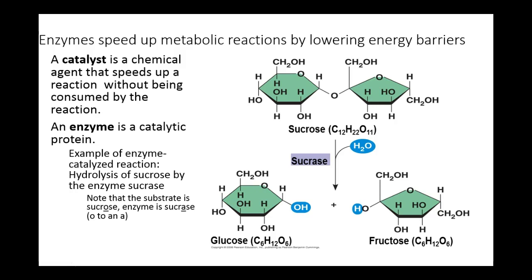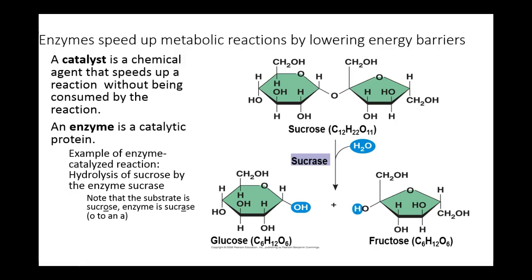Enzymes are proteins, and here you have an example of an enzyme, sucrase, at work. So you have sucrose, C12H22O11, and what we're going to do is break the bond there, that oxygen bond. We're going to hydrolyze, we're going to put water in and form glucose and fructose.